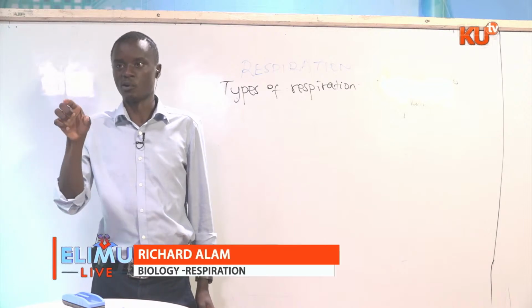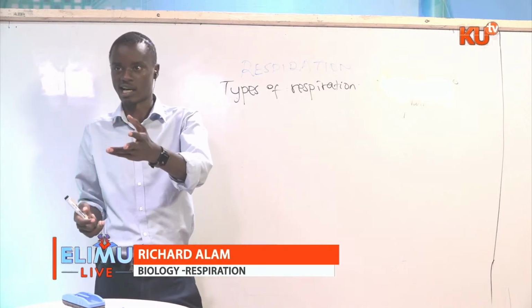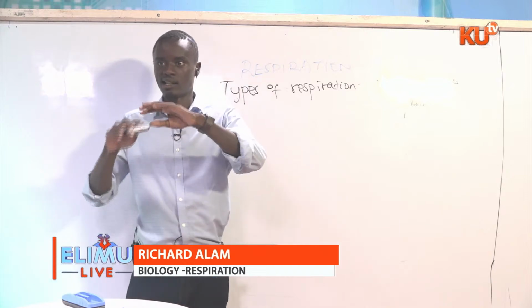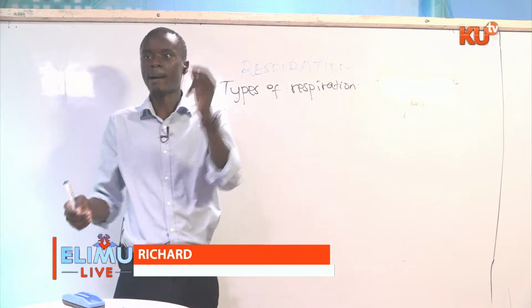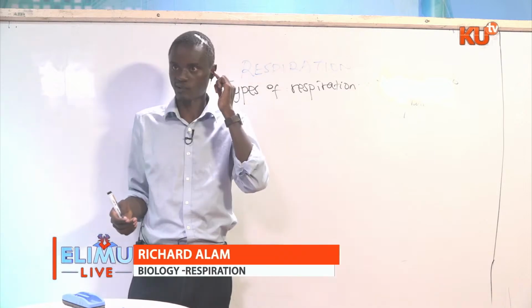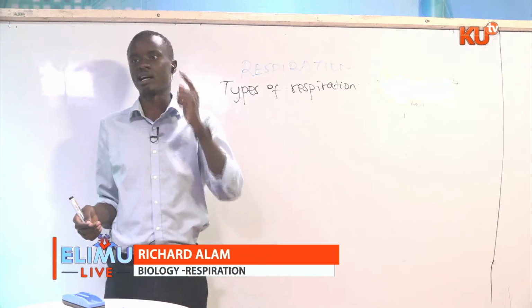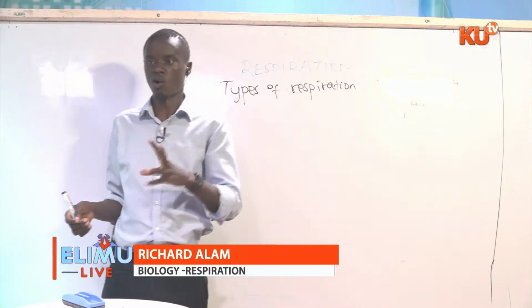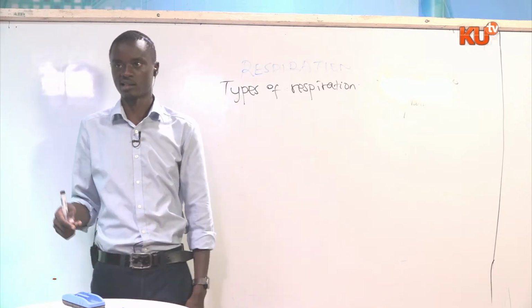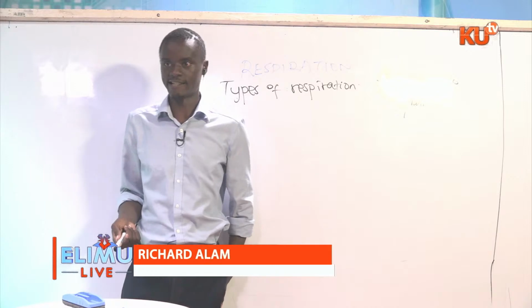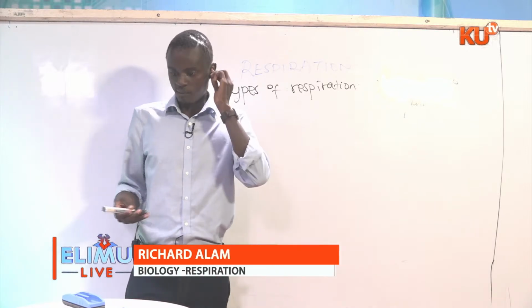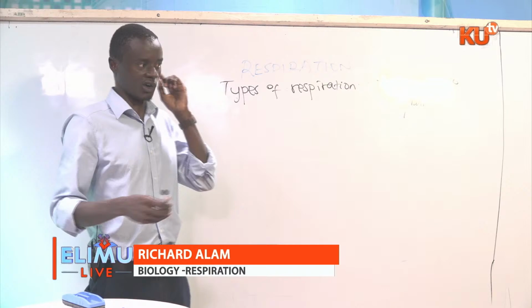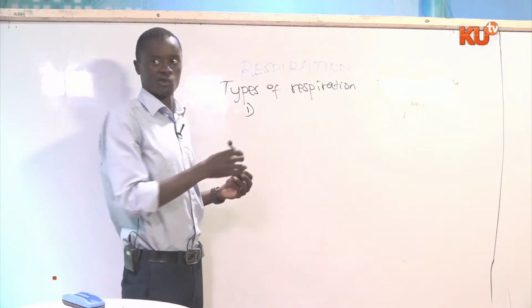And it is very important for the learner to understand that the types of respiration are classified based on one factor, and the factor is the presence or absence of oxygen. Based on that, we have two types of respiration.